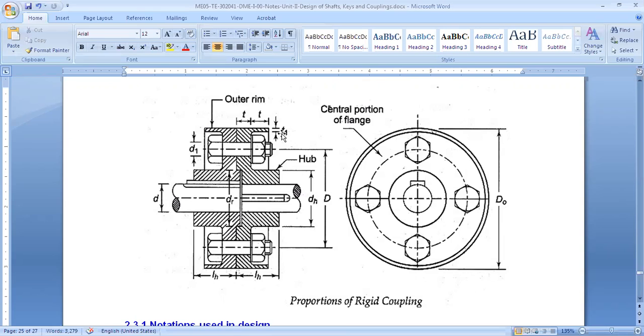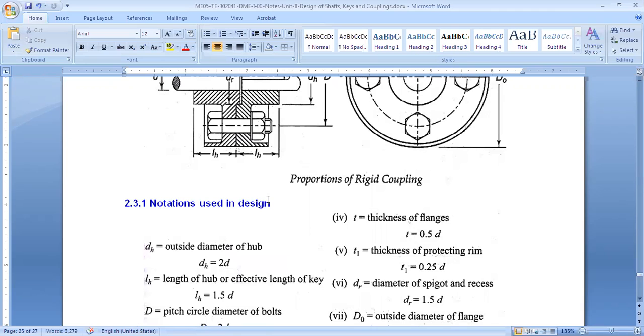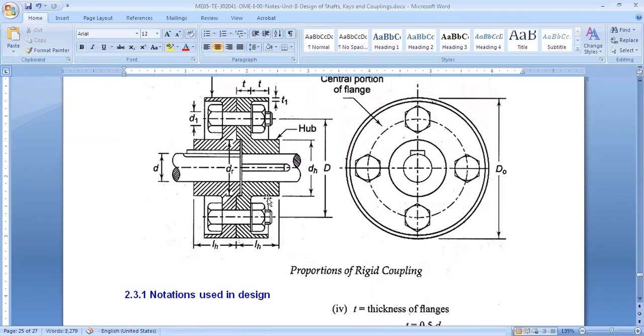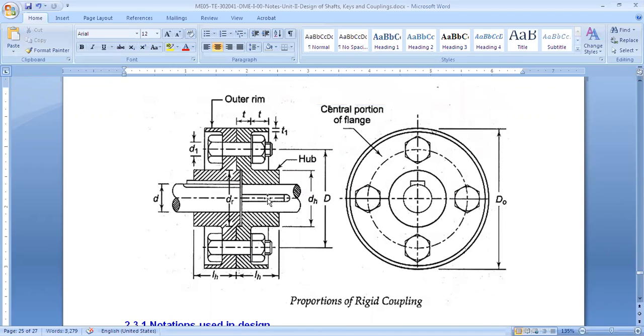The protecting ring of thickness T1 is simply for the protection of the nuts and bolts, right? And there is the diameter of the spigot and the recess, right? Also there is diameter D1, the diameter of your bolts, so that also we need to find out.